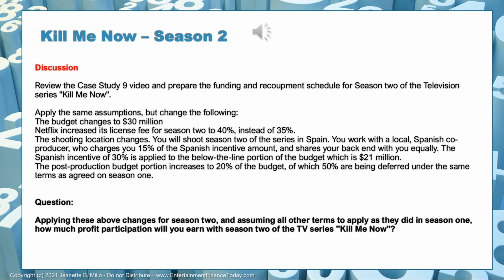And the Spanish incentive is 30% of the below the line cost, and the below the line is 21 million. The post-production budget increases to 20% of the budget, and 50% are being deferred again under the same terms as for season 1. So the question now is, how much profits do we make as the producer for season 2?